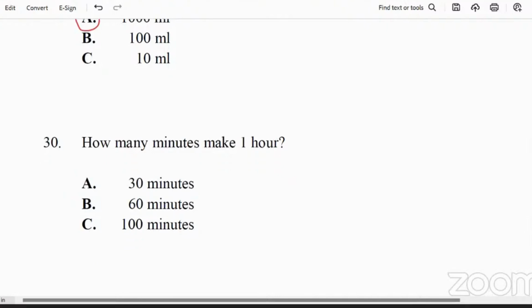And this has to do with time and, of course, converting from minutes to hours and so on. You also have to know that. And it's 60 minutes that makes 1 hour. All right, 30 minutes, that's half an hour. And, of course, 100 minutes, that's more than even an hour and a half. But it's 60 minutes, okay? The minute hand goes around the clock, 60 intervals, and that gives you 1 hour.